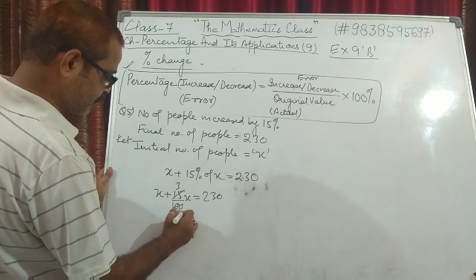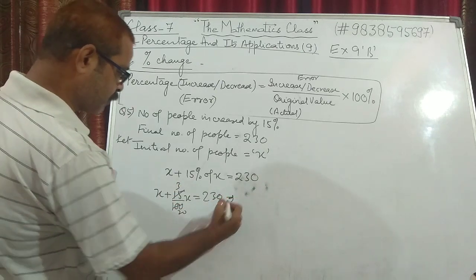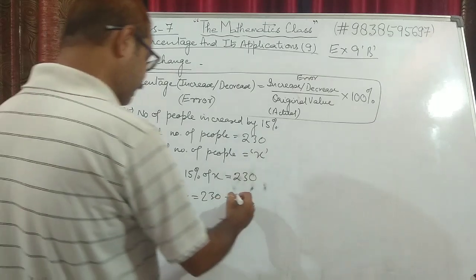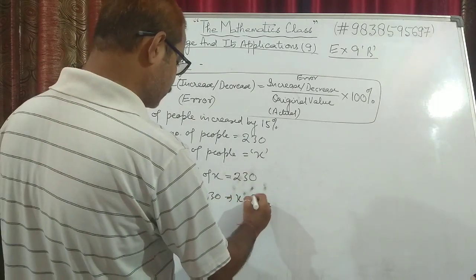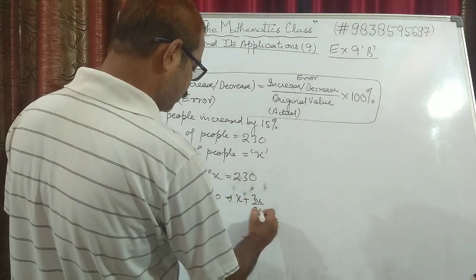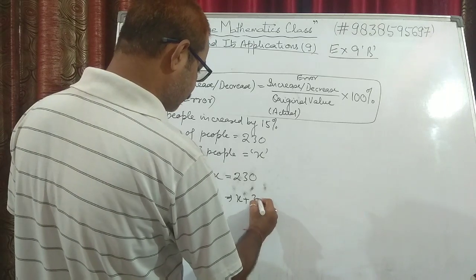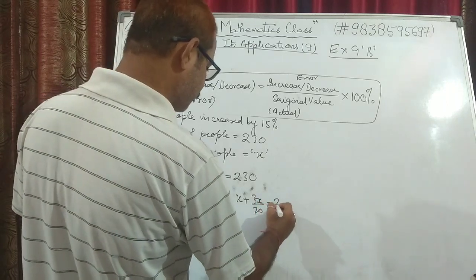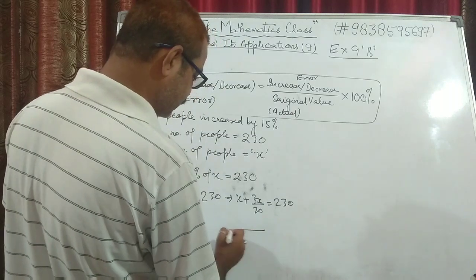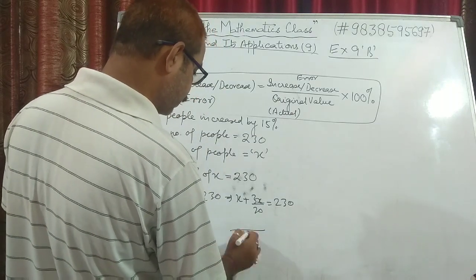5 3s are 15, 5 2s are 10. So when you solve it, it will become x plus 3x upon 20 is equal to 230. You will take the LCM, which will be 20.